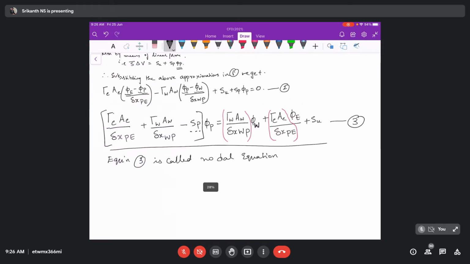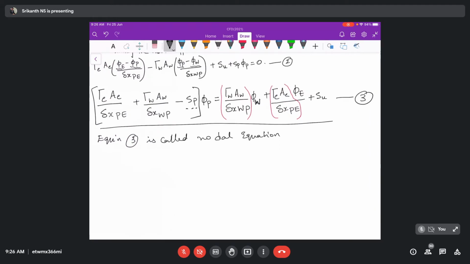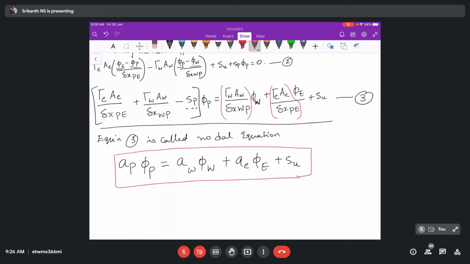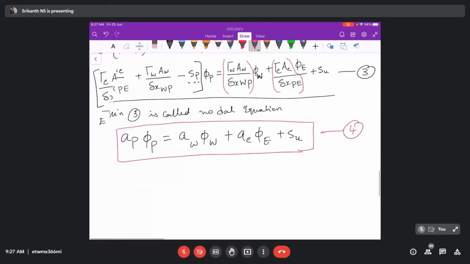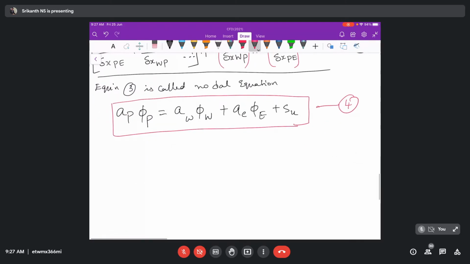So what we can do is replace this equation 3 in some other way. What is that? I'll write it like this. See, AP into phi P equal to AW into phi W plus AE into phi E plus SU. So put a mark for this: equation 4. This is what you should remember. That's it, nothing else.